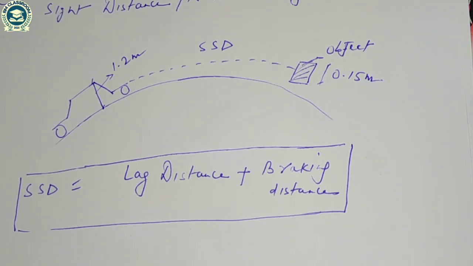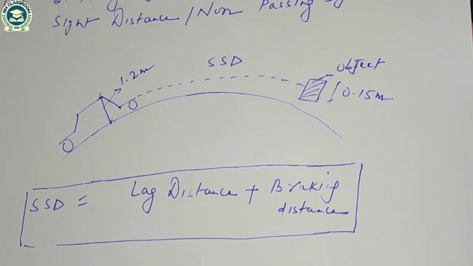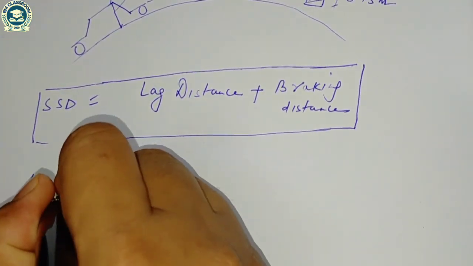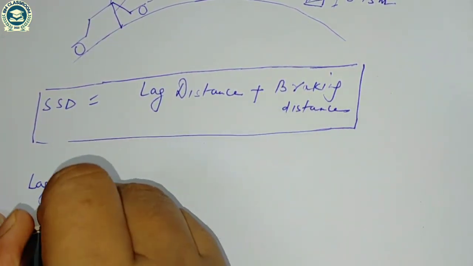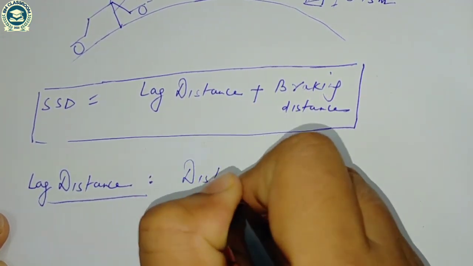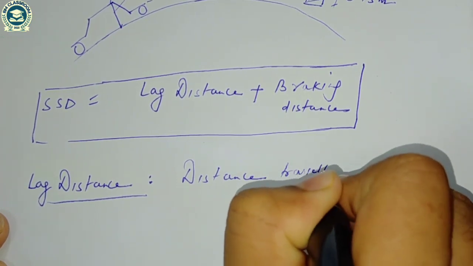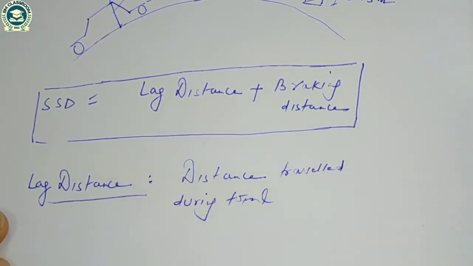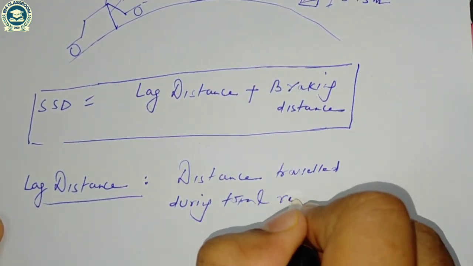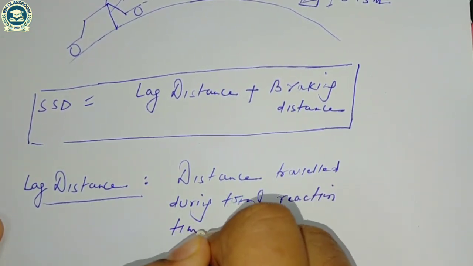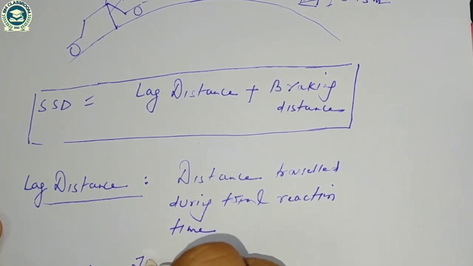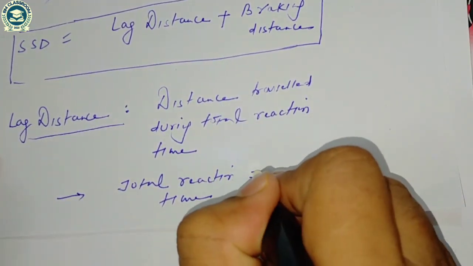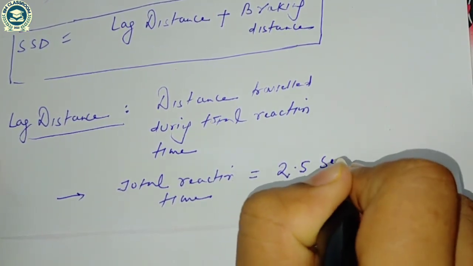Lag distance is the distance traveled during the total reaction time, and the total reaction time according to the Indian Roads Congress is 2.5 seconds.